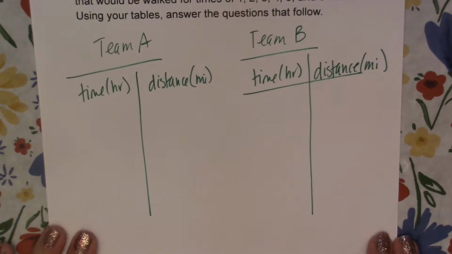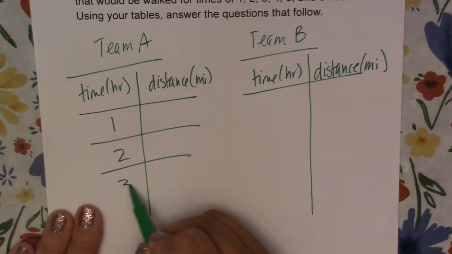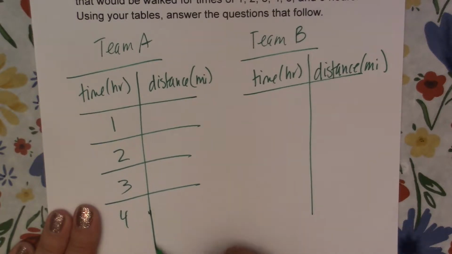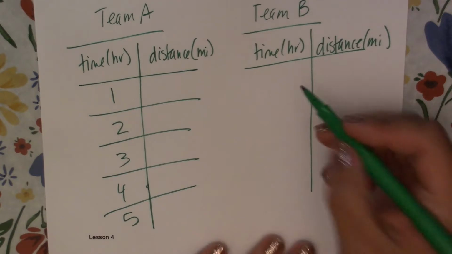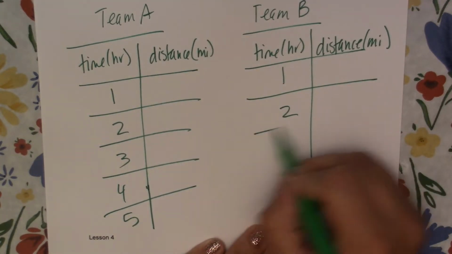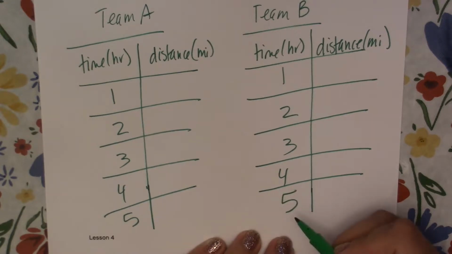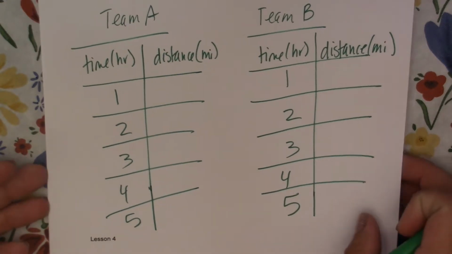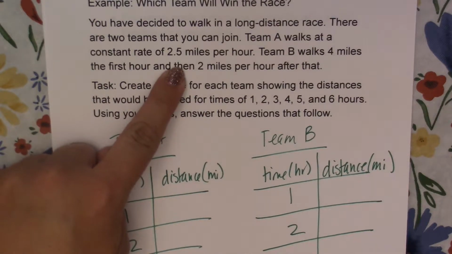All right, so again, we're finding this for 1, 2, 3, 4, and 5 hours. And for team B, 1, 2, 3, 4, and 5. So if we go back to our problem, it says team A walks at a constant rate of 2.5 miles per hour.